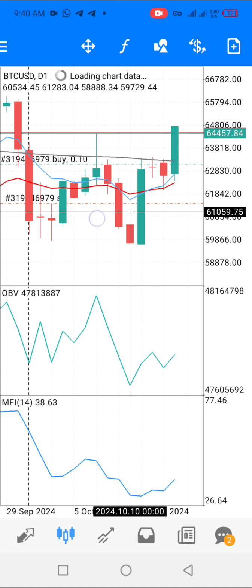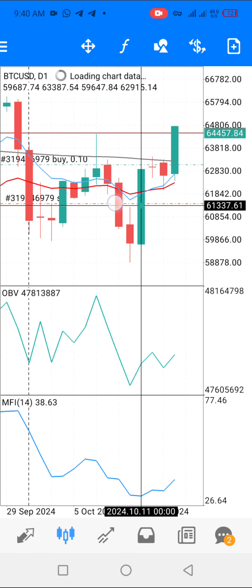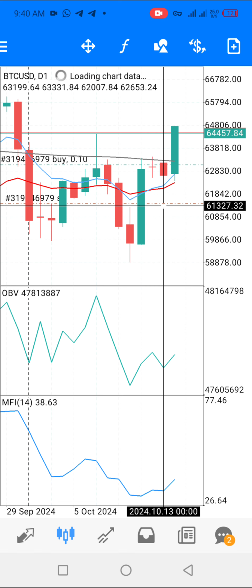Look at it. Before the price indicator crossed, our OBV indicator had already bottomed. So when it came here, it formed another higher low. This is a low, but it is a higher low than this one. On our MFI indicator, we can see the same bottom, but a bit smoother than this one.